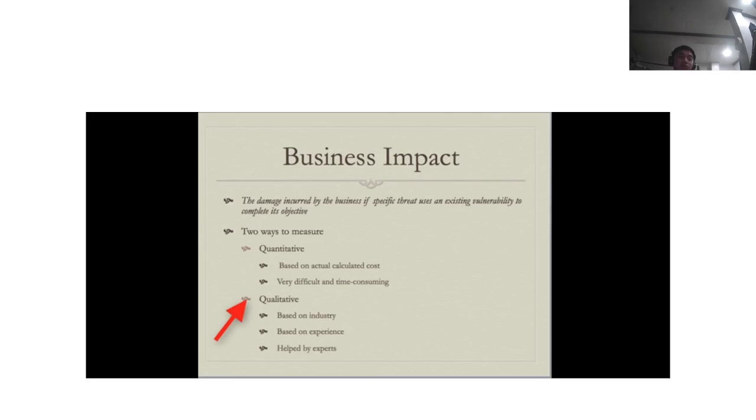A business has to know for each process what the absence or the breakdown of each process would cost the business. So over a period of time, most businesses don't have that information, no?